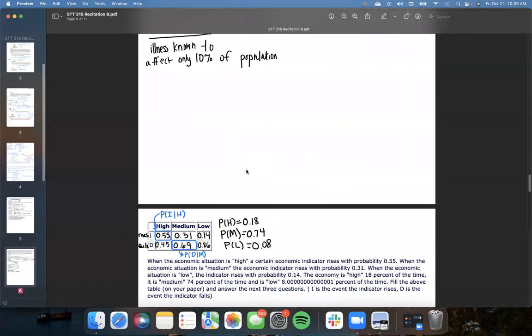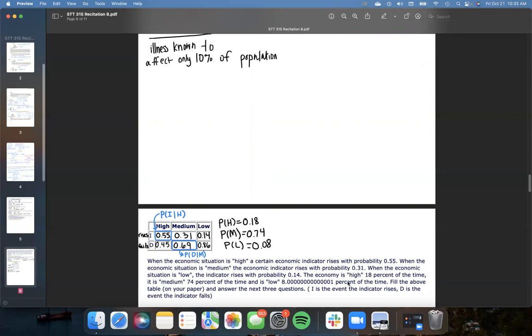Next, when the economic situation is high, a certain economic indicator rises with probability 0.55. When the economic situation is medium, the economic indicator rises with probability 0.31. When the economic situation is low, the indicator rises with probability 0.14.